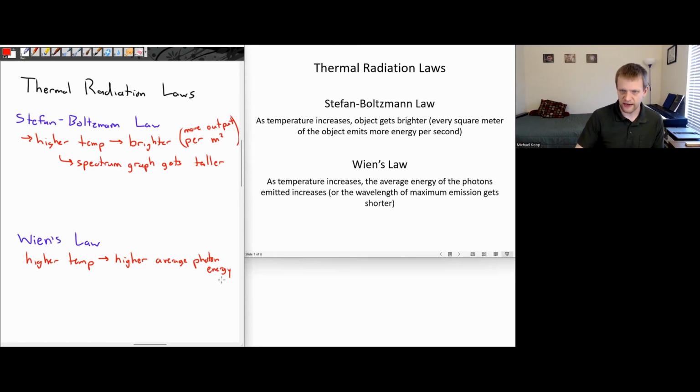And in terms of the graph, that means the wavelength of maximum emission, where the graph reaches its highest point, is going to go to shorter and shorter wavelengths. So for the graph, maybe the wavelength of peak output shifts to shorter wavelengths.